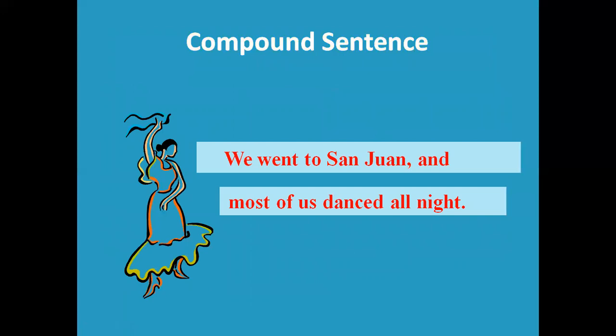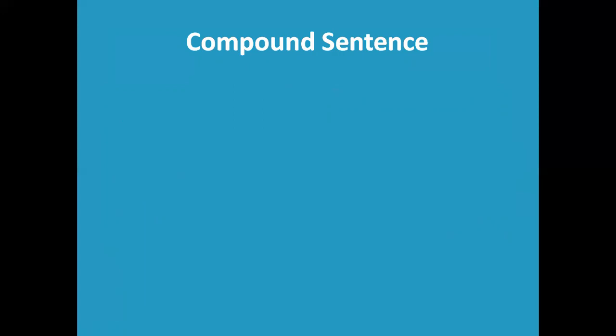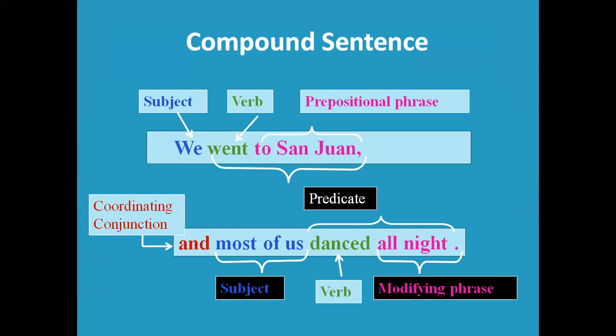Let's see an example of a compound sentence. We went to San Juan, and most of us danced all night. Let's analyze it. You see here, I just wanted to start with the coordinating conjunction and. Without this conjunction, this sentence wouldn't be a compound sentence.